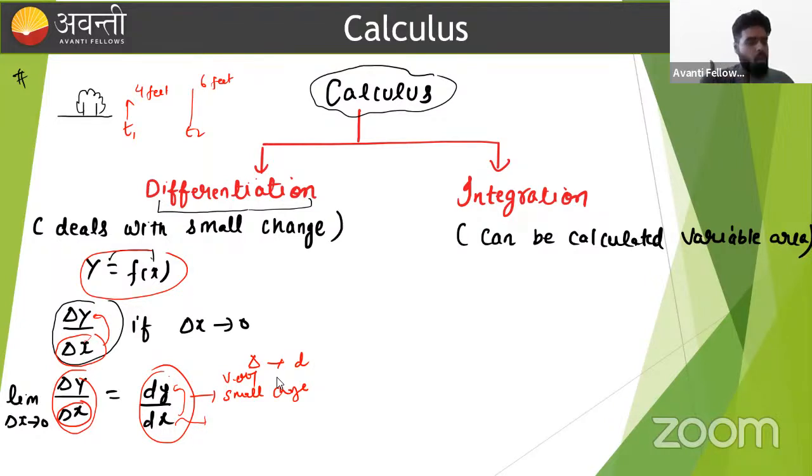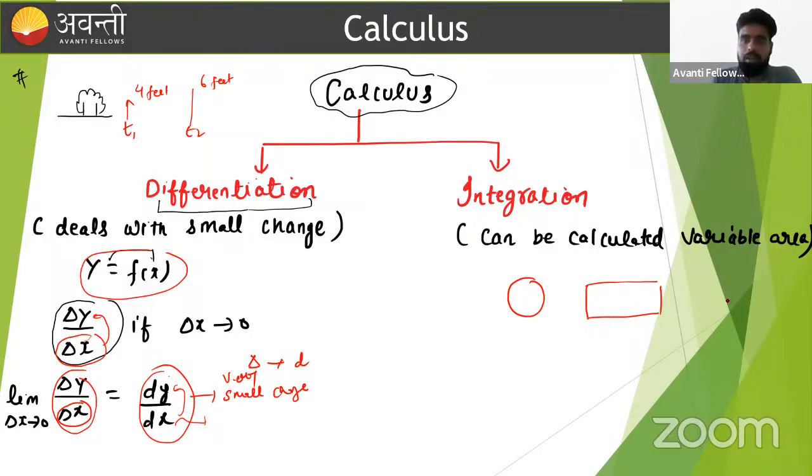In the same manner, let's talk about integration. What is integration? In 10th standard, we can measure the area of a circle, rectangle, trapezoid, even a cone, cylinder, sphere. Whatever geometry we understand in 10th standard, we can easily measure the area.